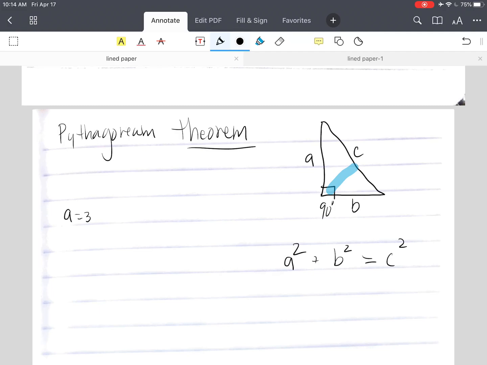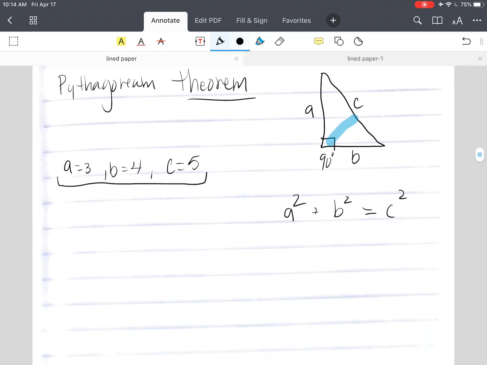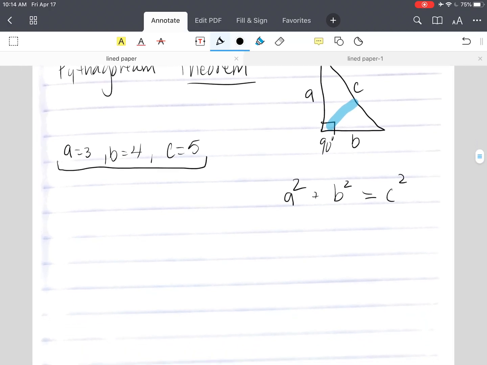So, suppose A is equal to 3 and B is equal to 4 and C is equal to 5. We're going to check if this is a perfect right triangle. So, we're going to plug it into the formula. 3 squared plus 4 squared is equal to 5 squared.